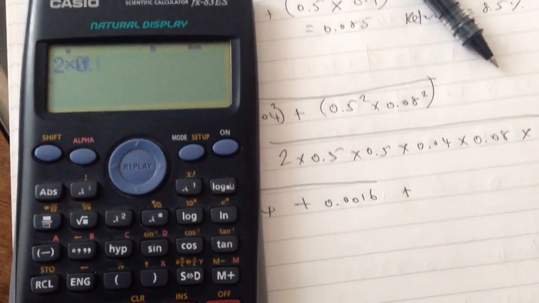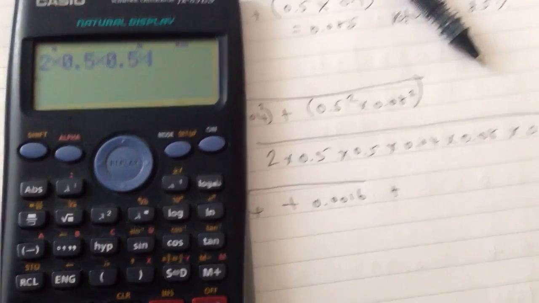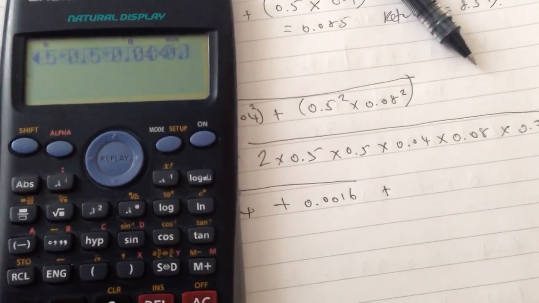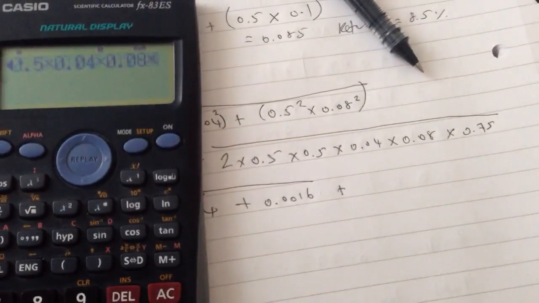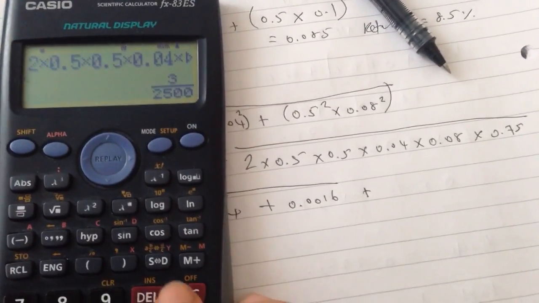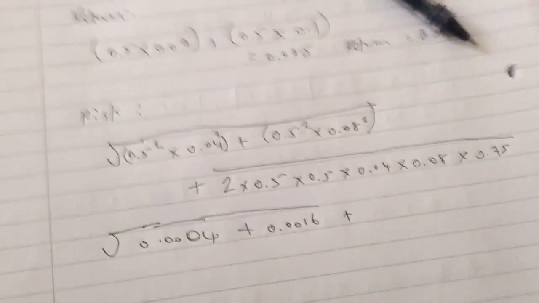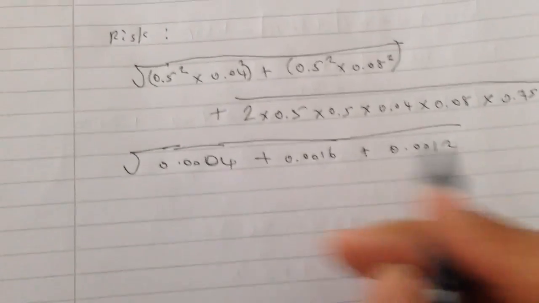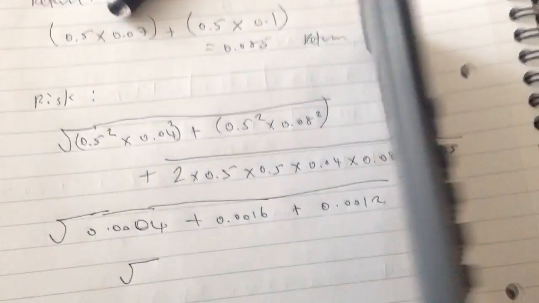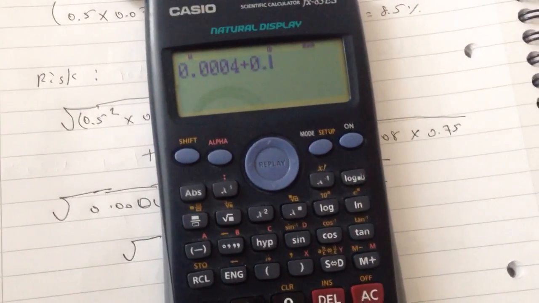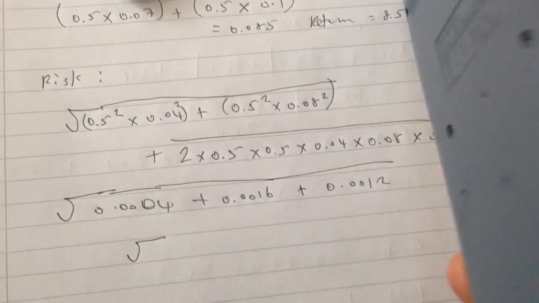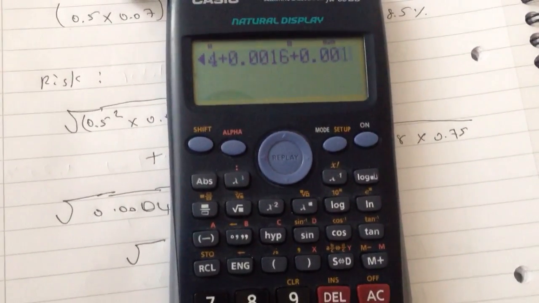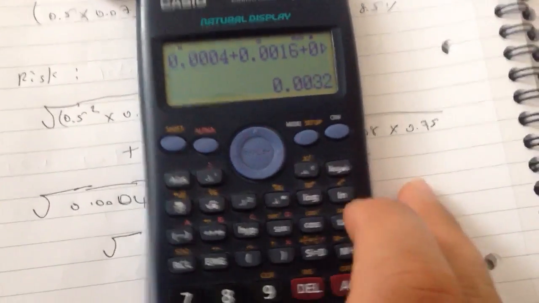2 times 0.5 times 0.5 times 0.04 times 0.08 times our correlation, 0.75, equals 0.0012. Add 0.0012, that's our 3 values. So we're square rooting the sum of those 3 values: 0.0004 plus 0.0016 plus 0.0012 equals 0.0032.